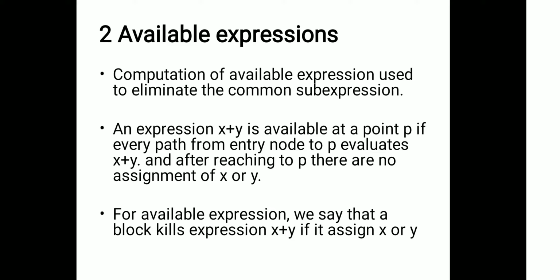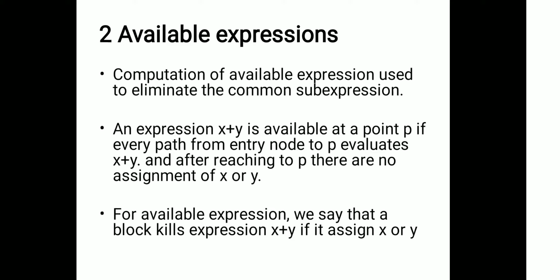The second point is available expression. The computation of available expressions is used to eliminate common subexpressions. Which expression is available and which expression is killed. For common subexpression elimination, if the expression is available, then recomputation of the expression is not necessary.